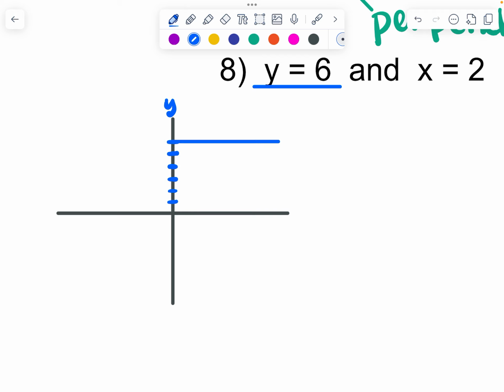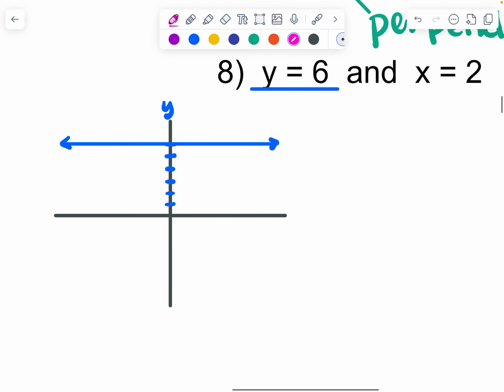So here is a horizontal line with a slope of 0, right? That's y equals 6. And then we have the line x equals 2, which means he's only allowed to cross the x-axis at 2. So he is a vertical line that can only cross the x-axis at 2.